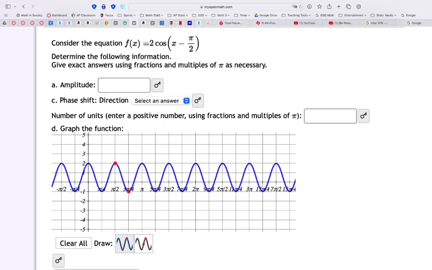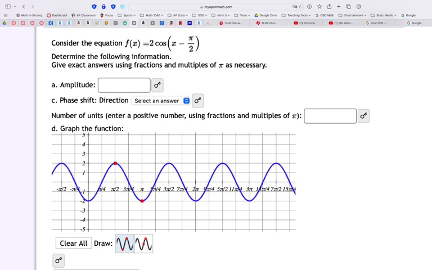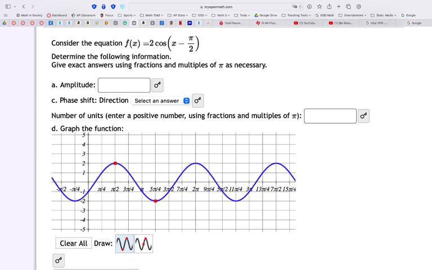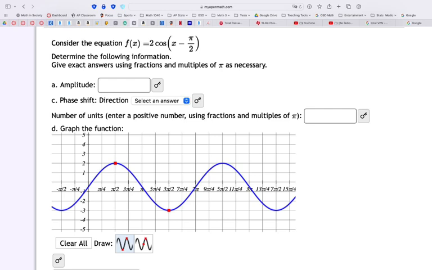And it's going to finish the cycle at not 2 pi, it's going to finish the cycle at 5 pi over 2. Yep. So 2 above, 2 below.